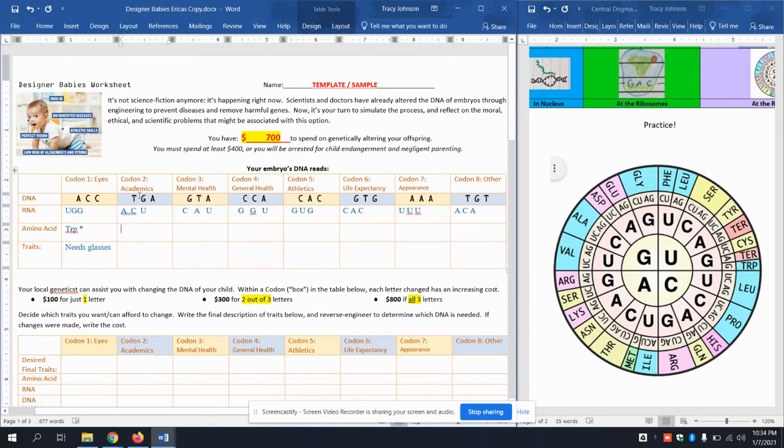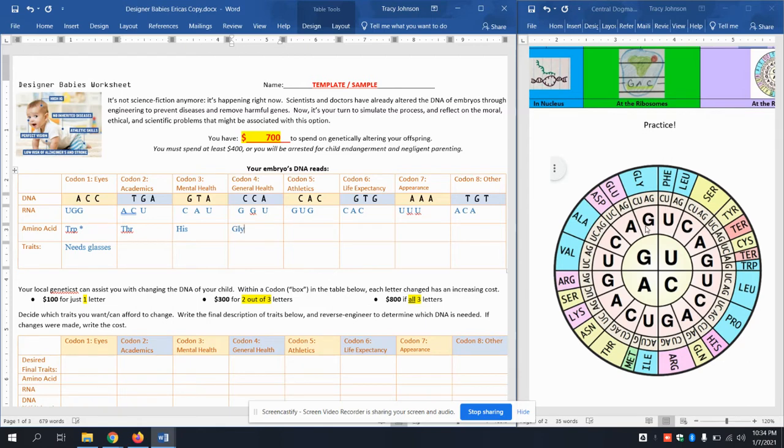So let's do the same for these remaining codons. I had ACU. ACU leads to threonine. And then I had CAU, once again starting in the middle of our pie here. CAU leads to histidine, or HIS. And then GGU, remember we always read the RNA, we do not read the DNA.